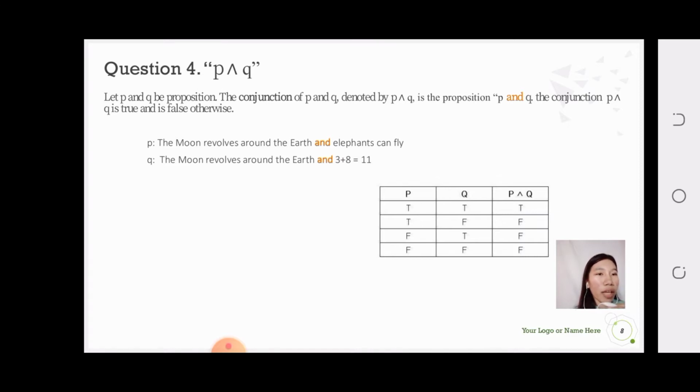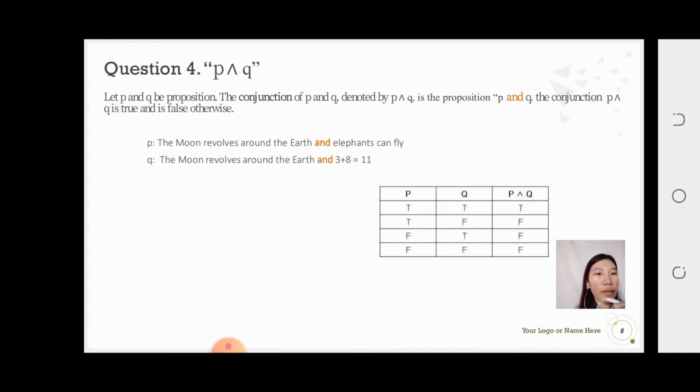And then the truth table, P Q, the truth table of conjunction. So, here we have true, true, true in the first column. And then in the second column, true, false, false. So, here's an example in my answer: the moon revolves around the earth, it's true.